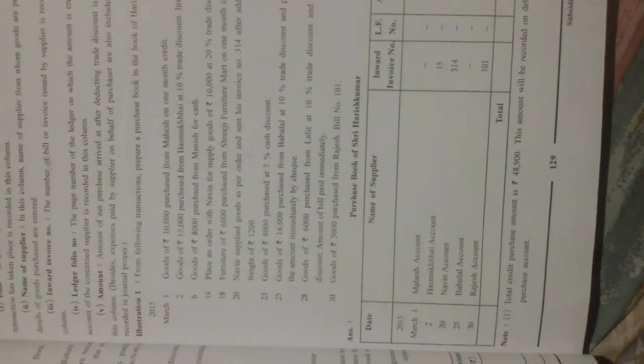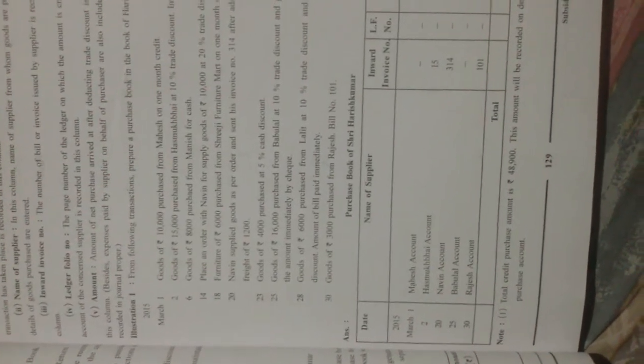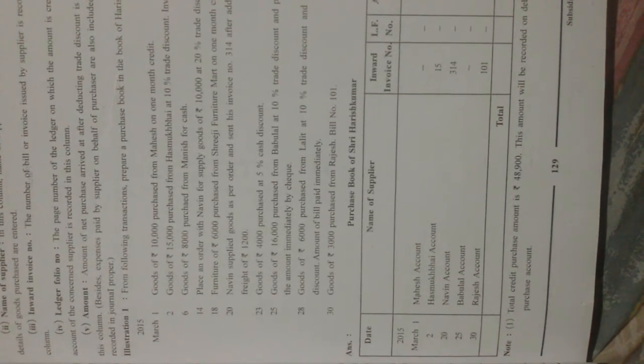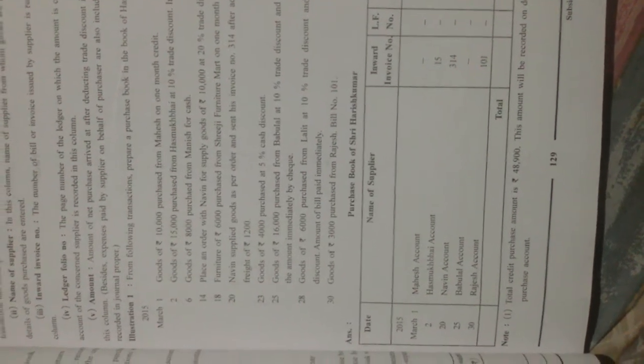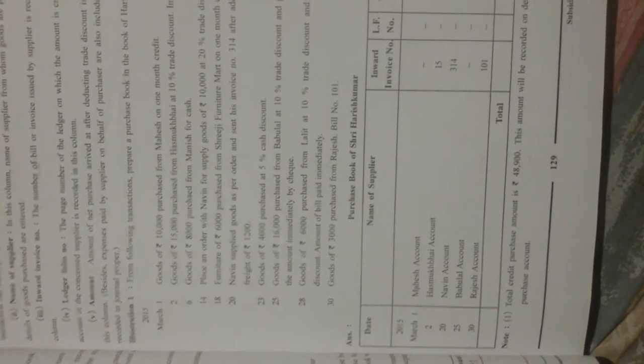And just remember that first thing, cash purchase of goods is never ever recorded in the purchase book. Second thing, any purchase of assets is never ever recorded in the purchase book. And third thing, if only an order has taken place, then that transaction also you don't have to show in the purchase book.